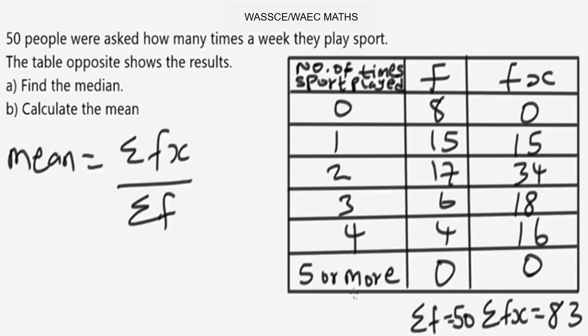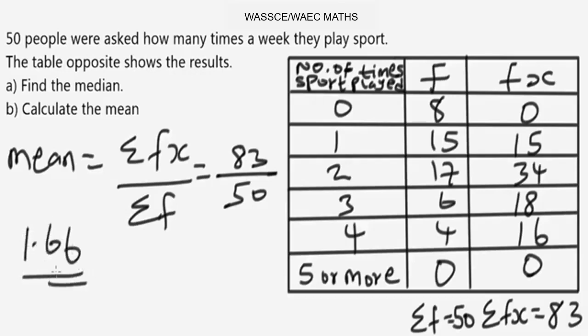Okay, so when you plug it here, you're going to have 83 over what? 50. So 83 divided by 50. When you punch it on the calculator, you're going to have 1.66. So that will be the mean for this frequency data. Okay, now for the median, let's get the median.